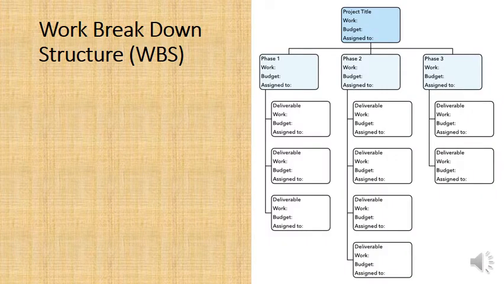So this is a little example of a work breakdown structure, or a WBS. It's usually given in a graphical form, so it becomes clear for everyone what is happening. Now, at the very top, you've got the project title.